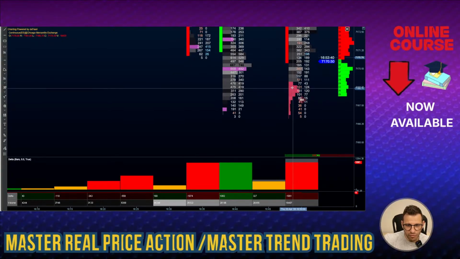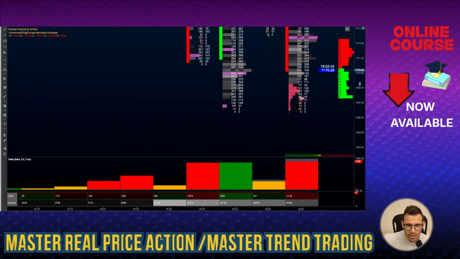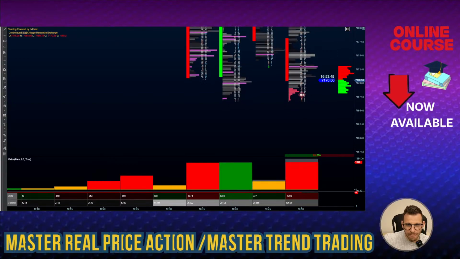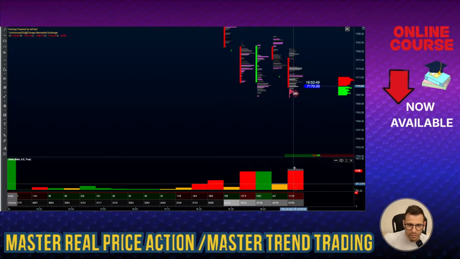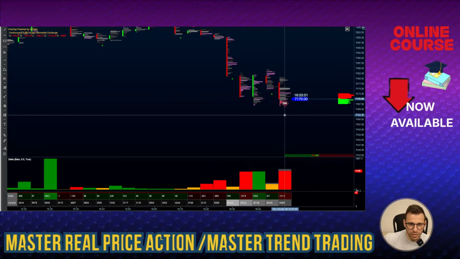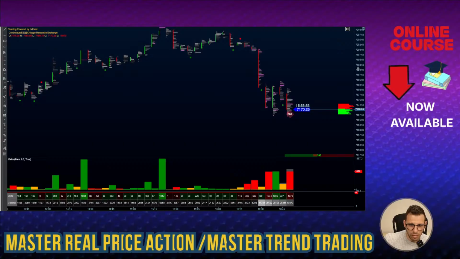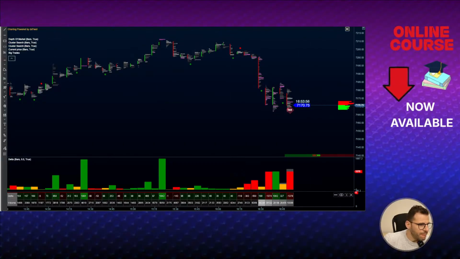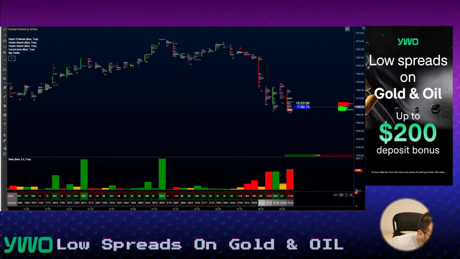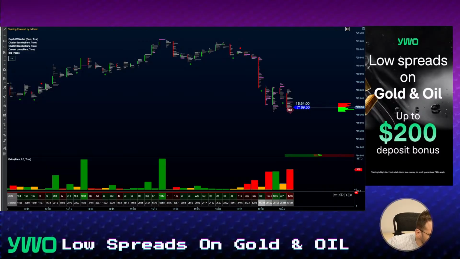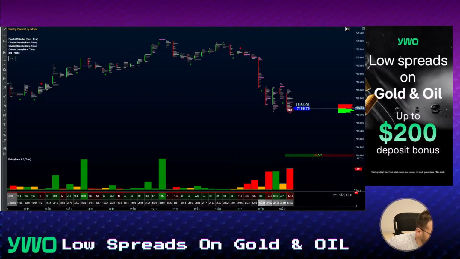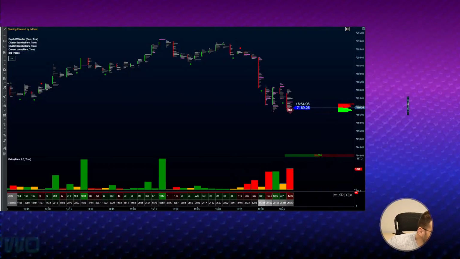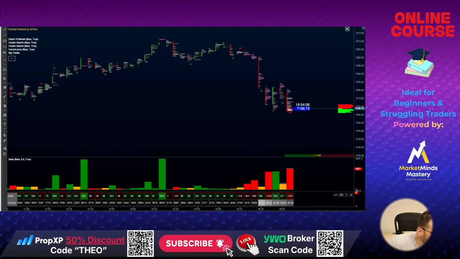If we get a follow through at this point, then we're going to continue pressing lower, which will be absolutely great. It looks like we're going to get the follow through, guys. Yeah, let's see.